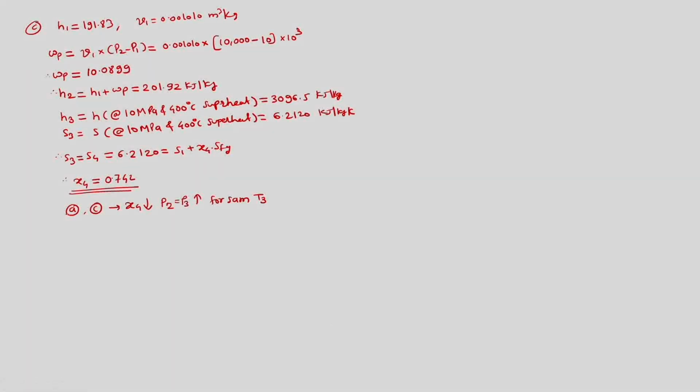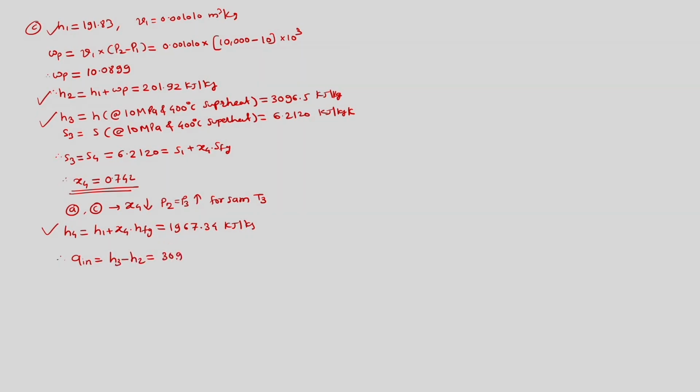So now we can move ahead and find out H4, which is H1 plus X4 into HFG, and this gives us a value of 1967.34 kilojoule per kg. So we now know everything: H1, H2, H3 and H4. So Q in turns out to be H3 minus H2.